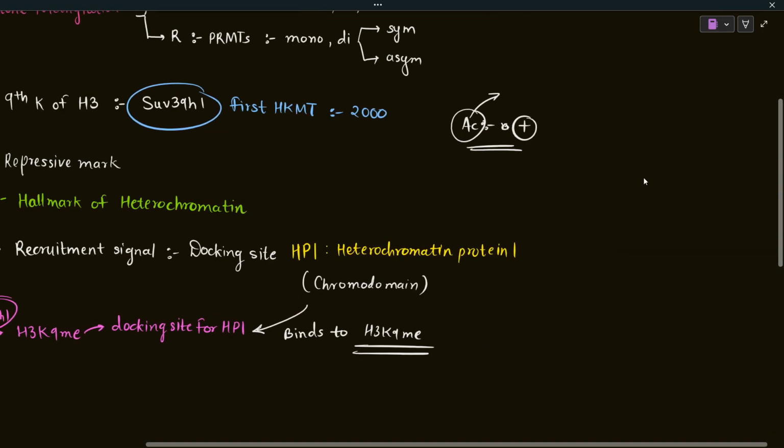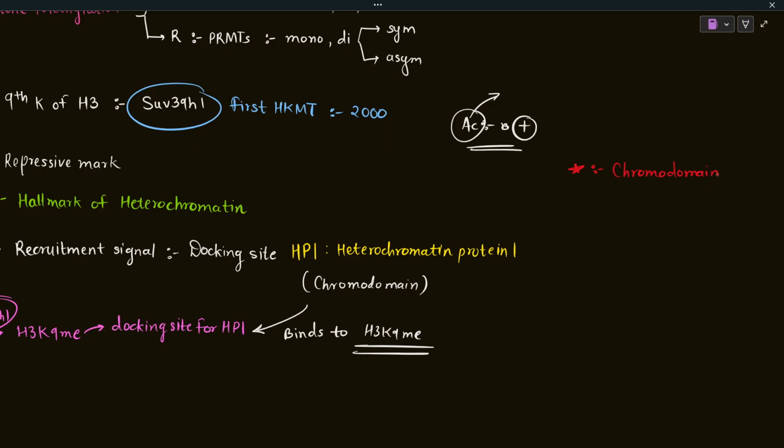So here's a thing that you have to remember always: the proteins which have chromodomain are able to bind to the methylated histones, while the proteins which have bromodomain are able to bind to the acetylated histones. Okay, so this is a very important point that you have to always remember.